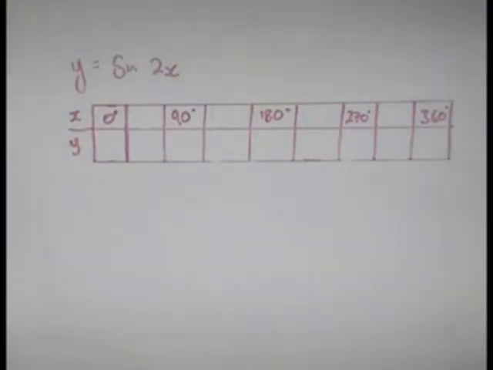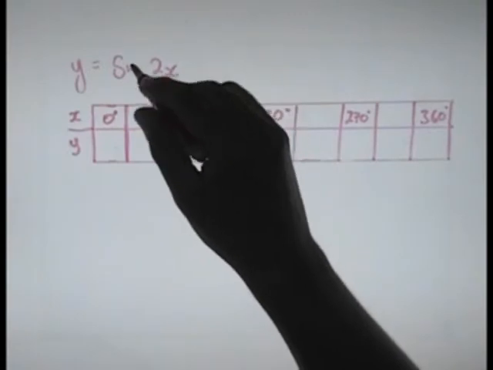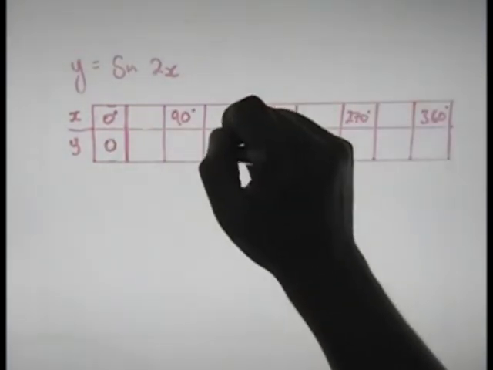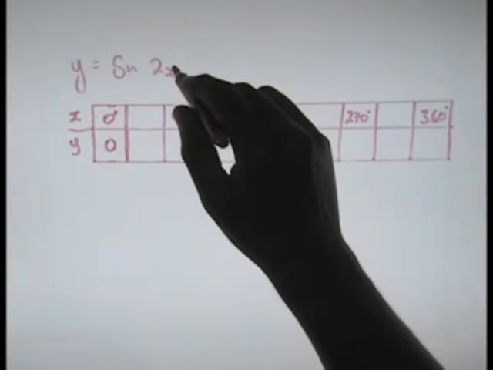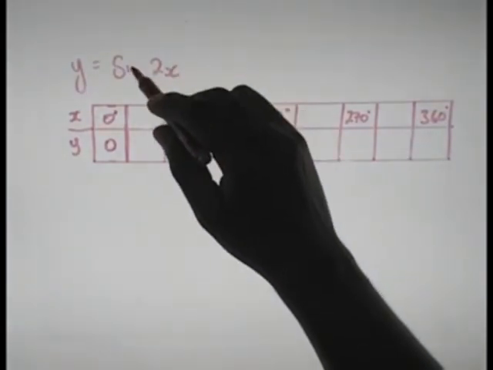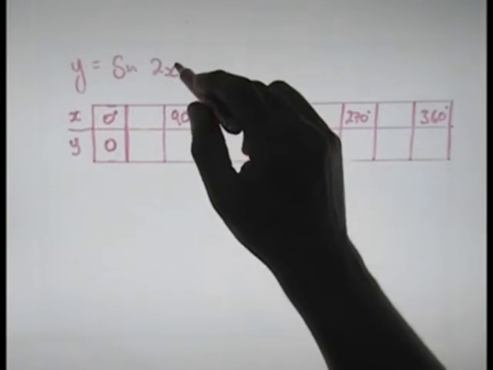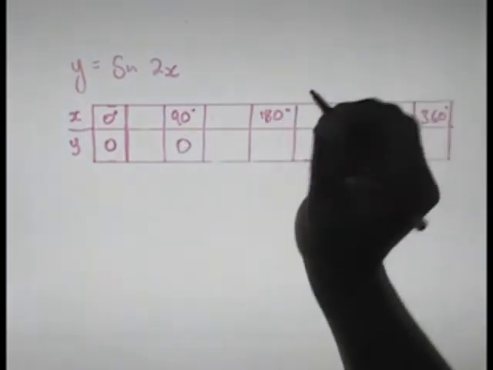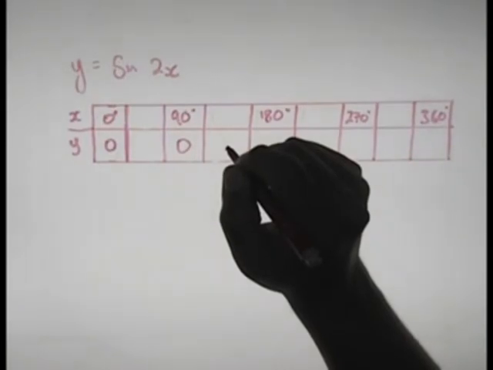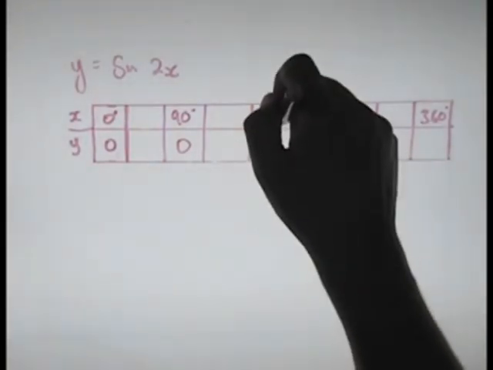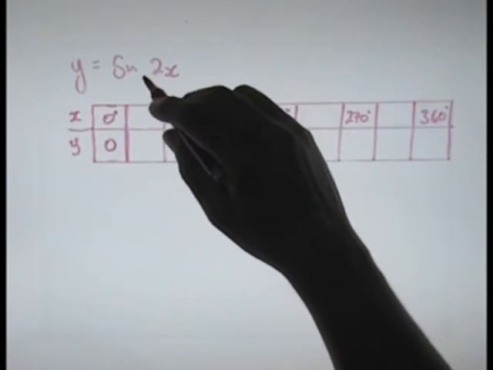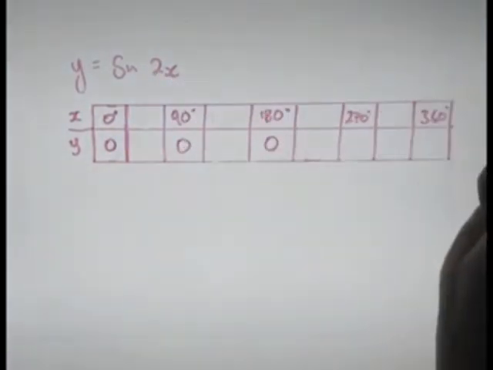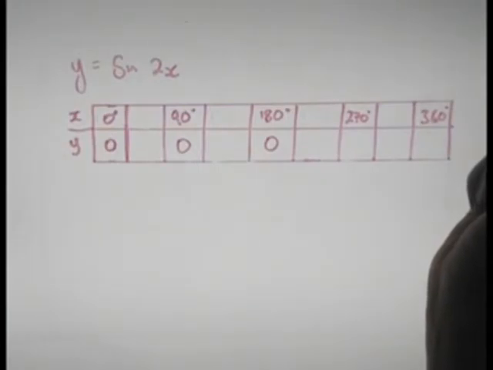When x is equal to 0 degrees, that's going to be sine of 0, which is 0. When x is equal to 90 degrees, that's going to be sine of 2 times 90, which is sine of 180 degrees, which is 0. When x is equal to 180 degrees, that's going to be sine of 2 times 180, or sine of 360, 0.